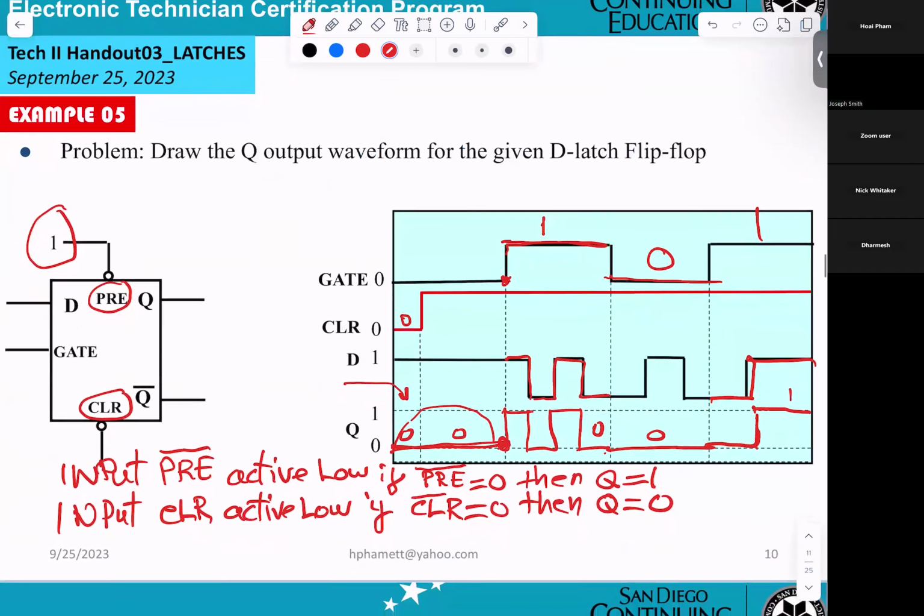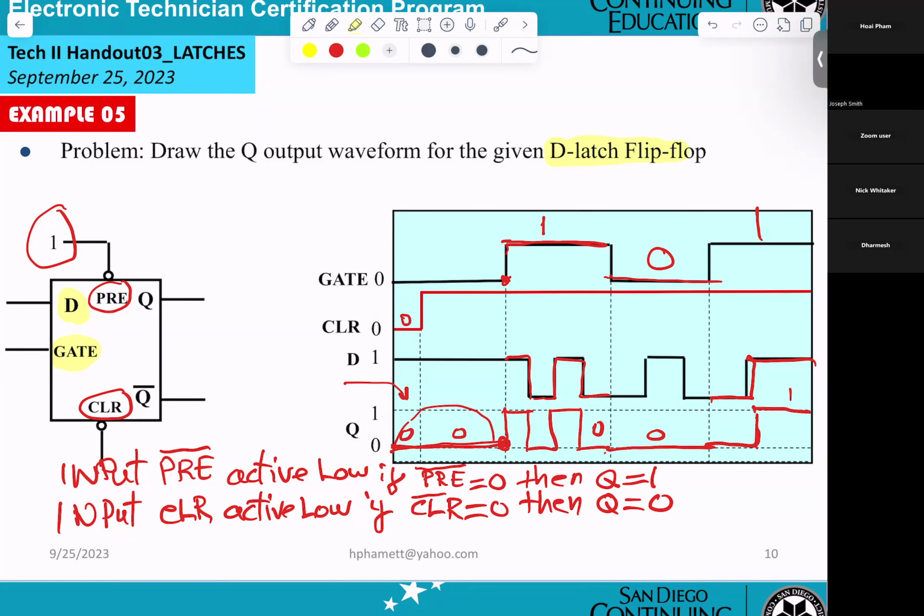Another thing you need to look back at is the D latch, which has no clock signal. You get input D and the input gate. Very simple: Q equals D if the gate equals 1, not a transition.